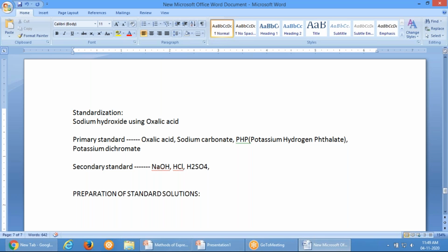Which glassware do you know, if you want to prepare a solution? Burette. Burette is used to prepare a solution. Conical flask. Test tube. Beakers.